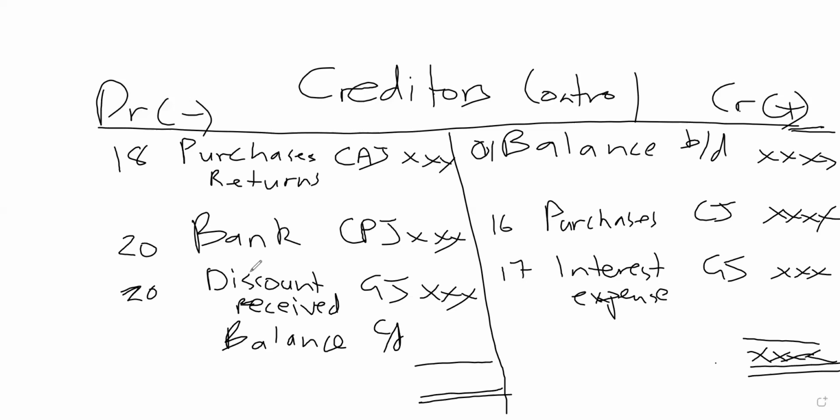That same amount that you get from here, you have to transfer it here, so that you take that amount minus everything here to give you this. Am I making sense, young man? Yes, sir. Right. So that's how you do the creditors control.